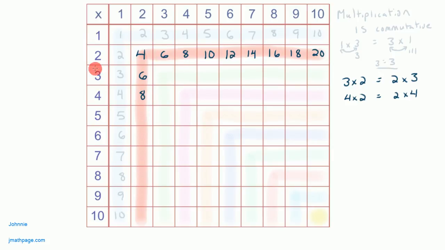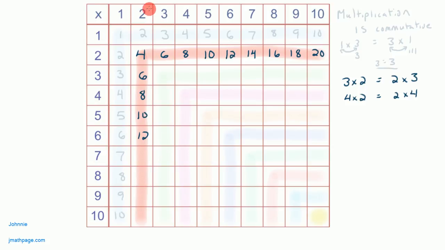What's going to happen with 5 times 2? That should be the same as 2 times 5, right? 2 times 5 is 10, so 5 times 2 is also 10. 6 times 2 is the same as 2 times 6, 12. So 6 times 2 is 12.